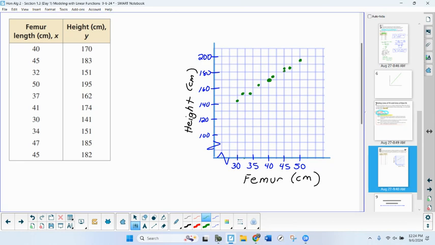It's not easy. All right. 1, 2, 3, 4, 5, 6, 7, 8, 9, 10. Always count. Make sure you have all your points when you're done. You should have 10. Yep.